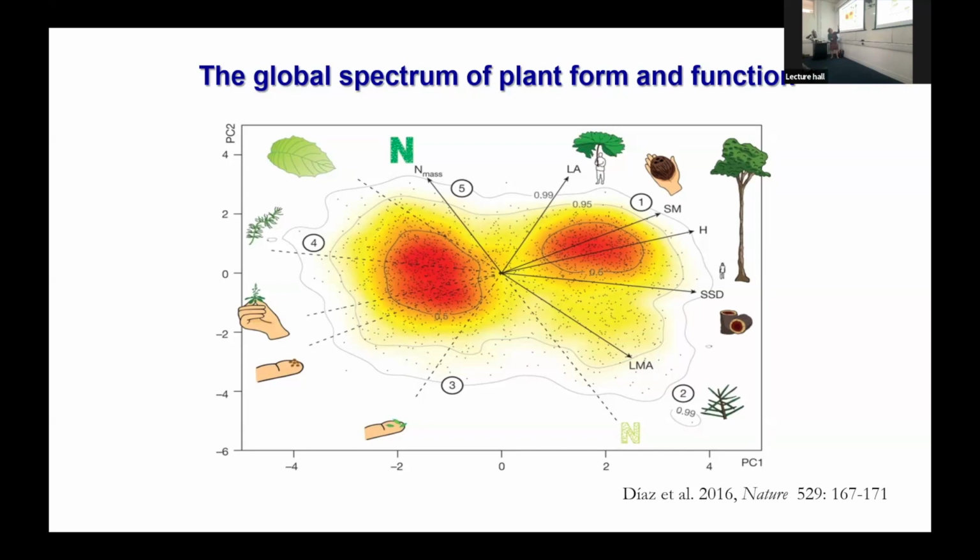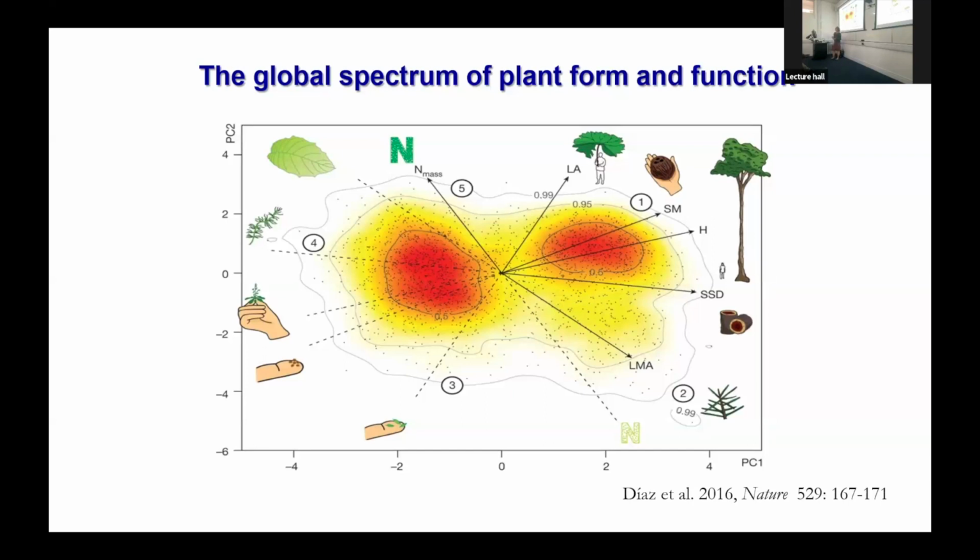And the second major axis of variation, this one, is an axis of pace of life and leaf resource economics. And it goes from highly conservative plants that allocate resources preferentially to defense and support and have leaves that grow slowly and live long.